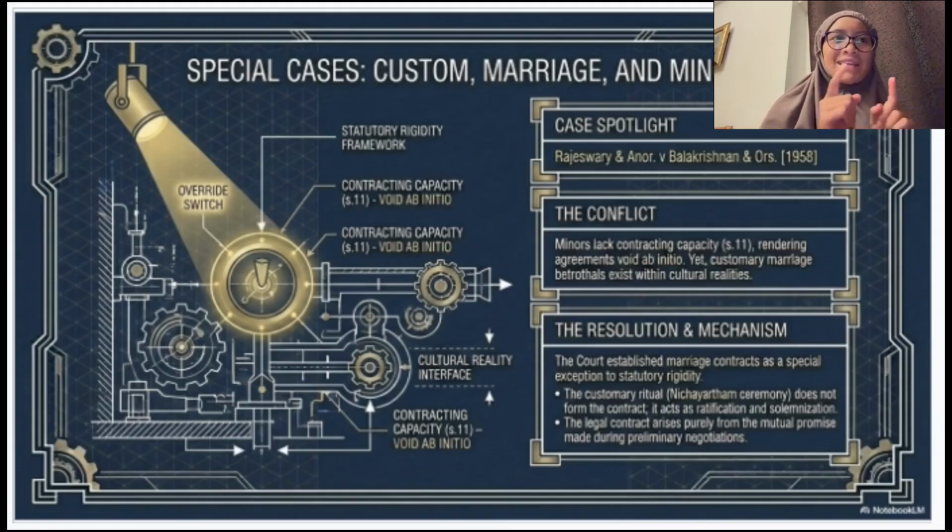However, this exception is limited only to cases involving marriage and does not apply to ordinary business contracts made by minors. In conclusion, although minors generally cannot enter valid contracts under Section 11, courts may recognize an exception in customary marriage cases because of their cultural and social significance.